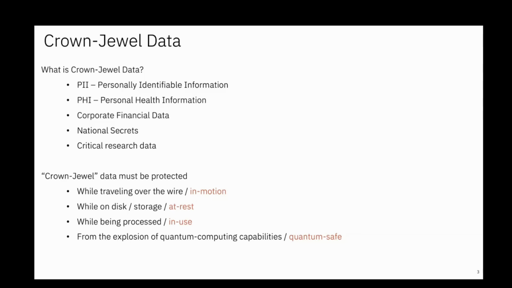Because with the explosion of quantum computing capabilities, all the encryption that we have today might become vulnerable pretty soon, and we can protect data today from the havoc that quantum computing will cause later on, probably in the next 10 to 15 years. So I'll be touching a little bit on quantum safe as well in this presentation.